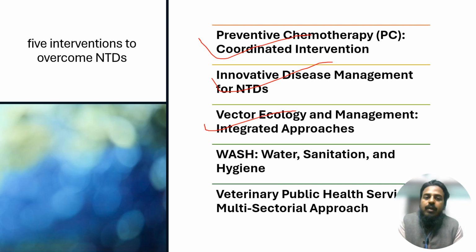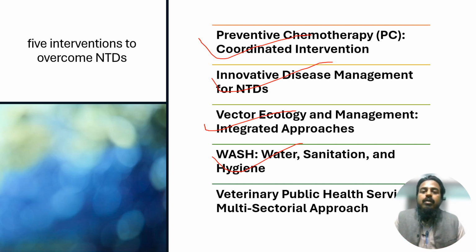This involves developing and promoting guidelines and their implementation, as well as pesticide use in controlling vectors associated with NTDs. Fourth is WASH, as everyone knows: water, sanitation and hygiene, which plays a crucial role in the management of NTDs.